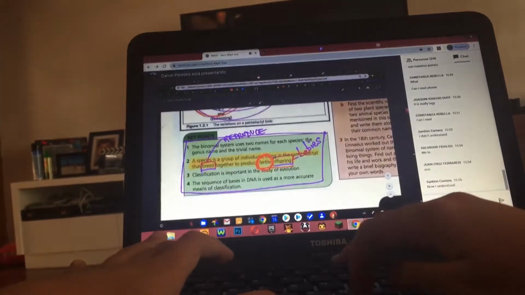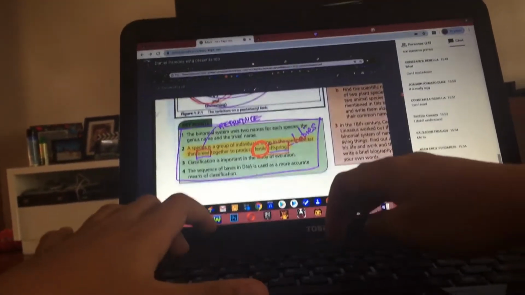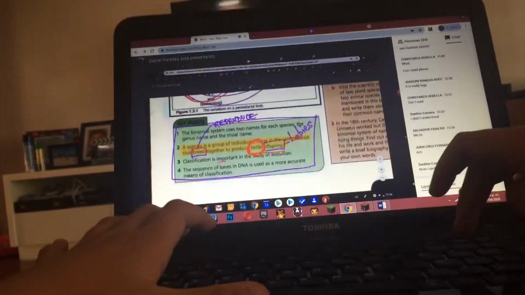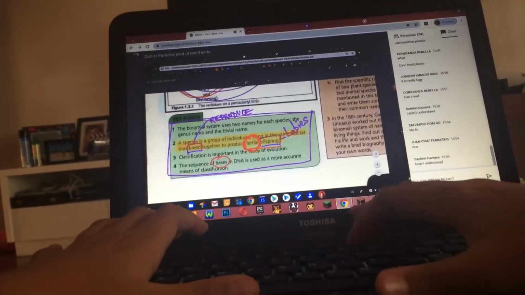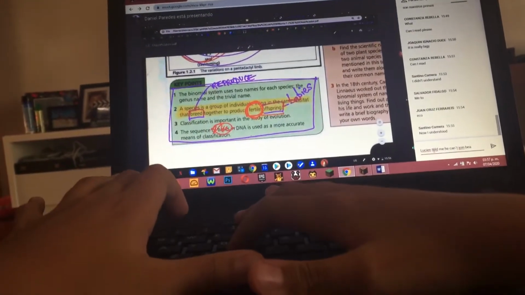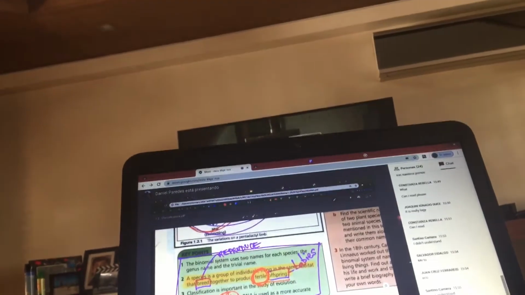Classification is important in the study of evolution, and the sequence of bases in DNA. The sequence of DNA is used as a more accurate means of classification.